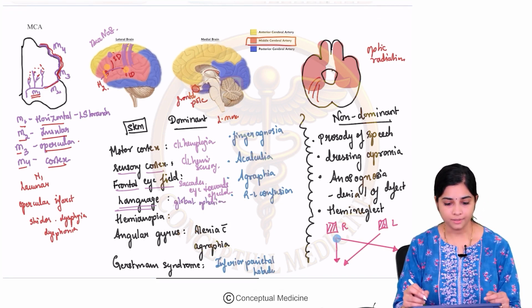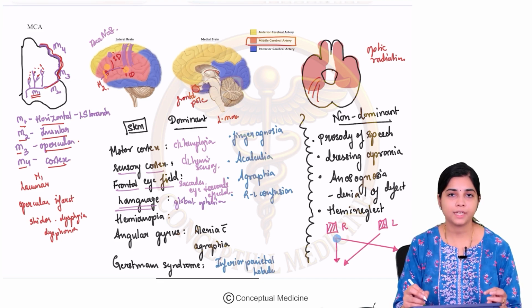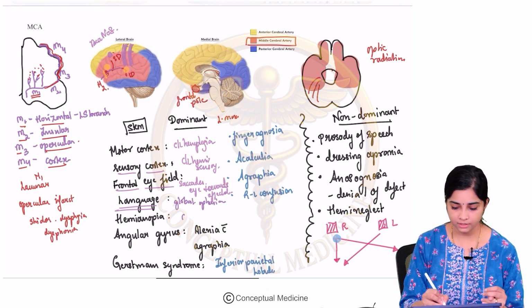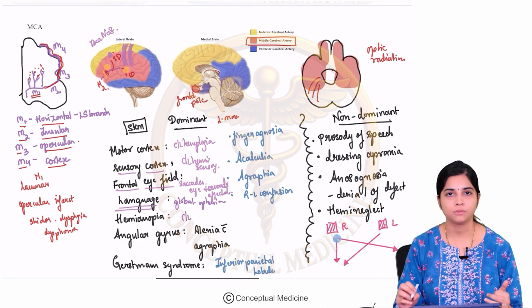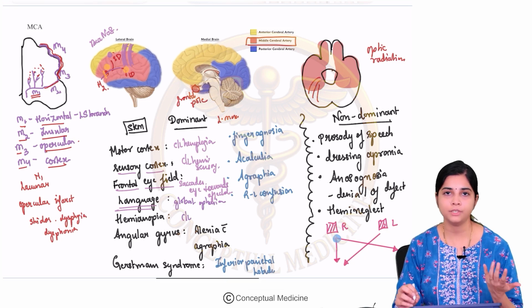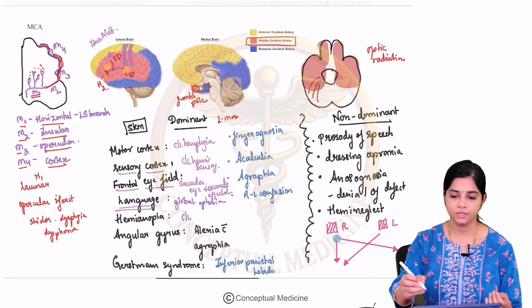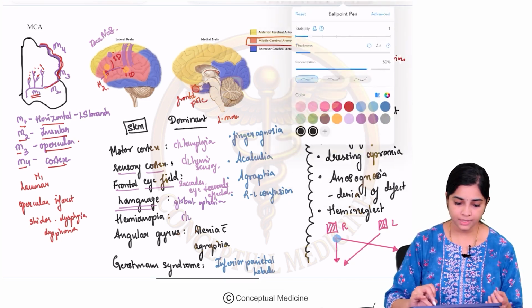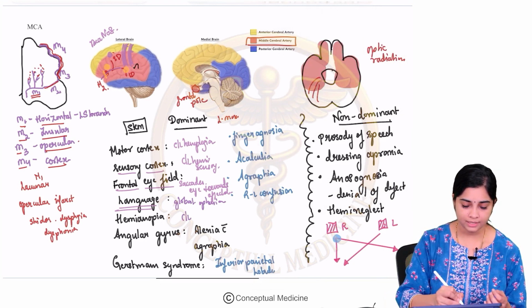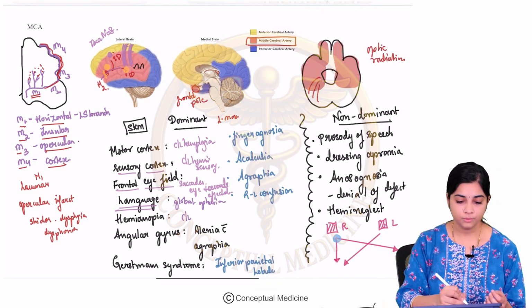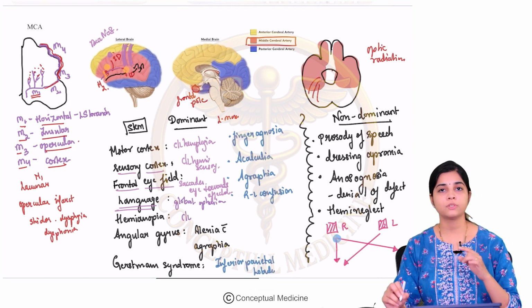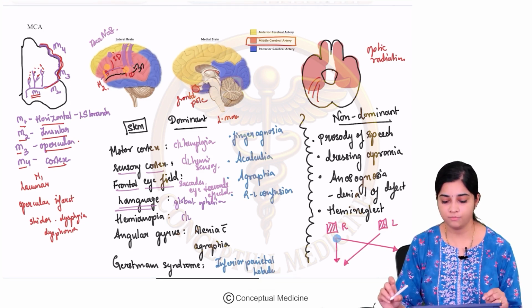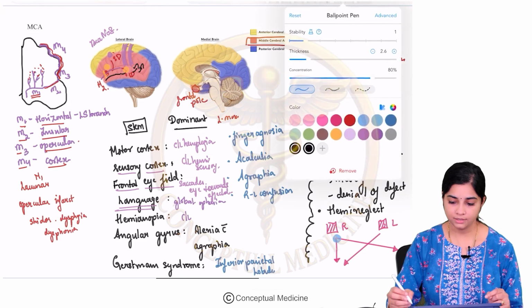Then hemianopia. You can have hemianopia, predominantly a contralateral hemianopia, because of optic tract involvement. Then you will recollect from your neuroanatomy that there is a temporal sulcus which moves on and follows into a gyrus present in the parietal lobe, which is called your angular gyrus.